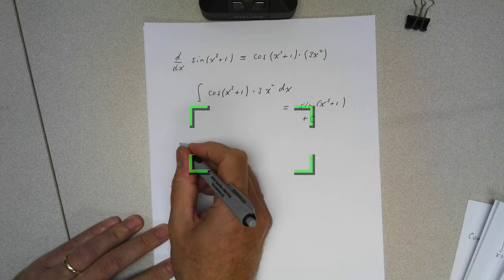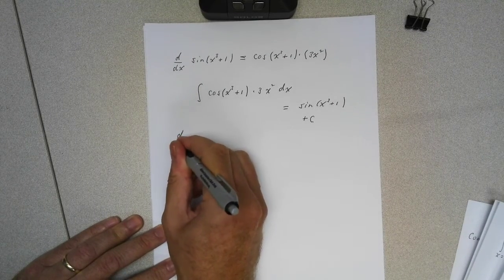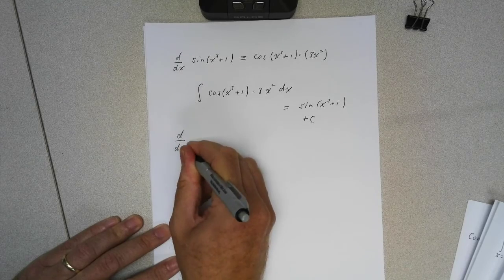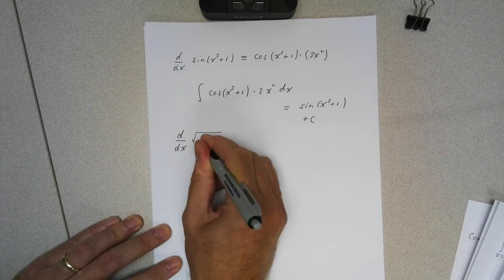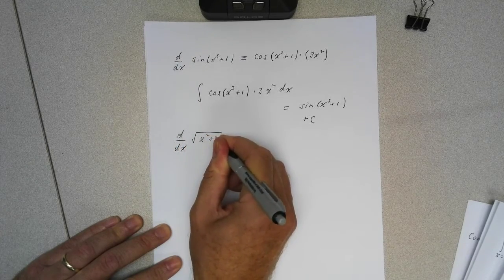Here's another example. Let's compute the derivative of the square root of x squared plus 3.